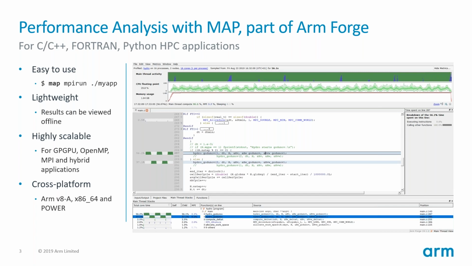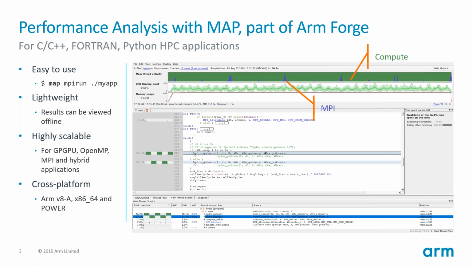You can see an example of the profiling result on the screen. Map displays results in 3 sections. The timeline on top with different colors describes the application behavior as it runs. The vertical axis shows the activity per process.